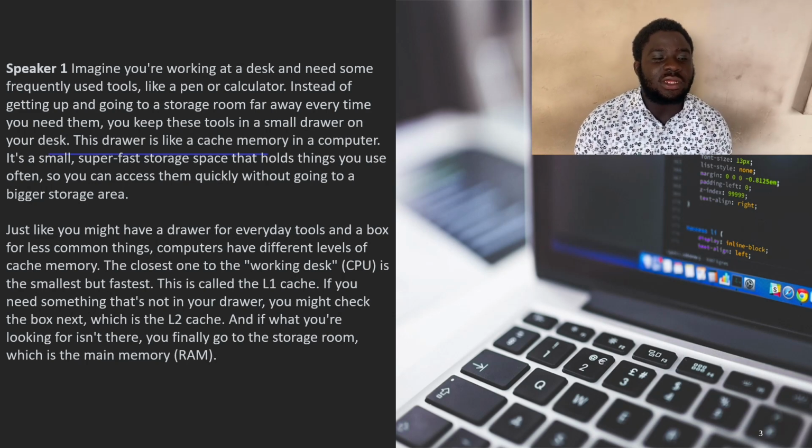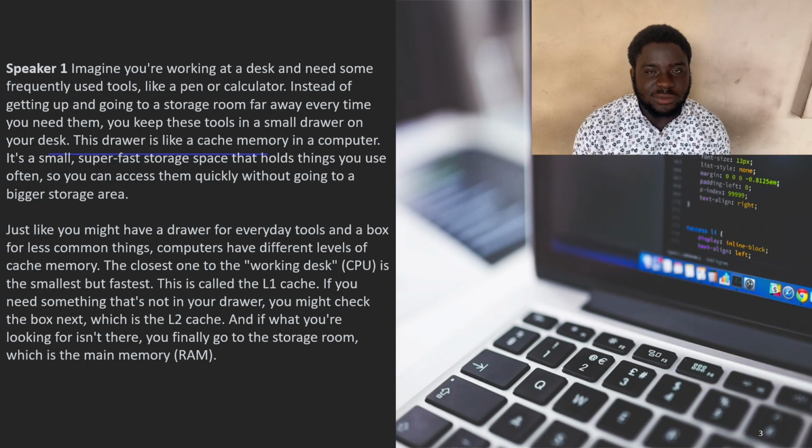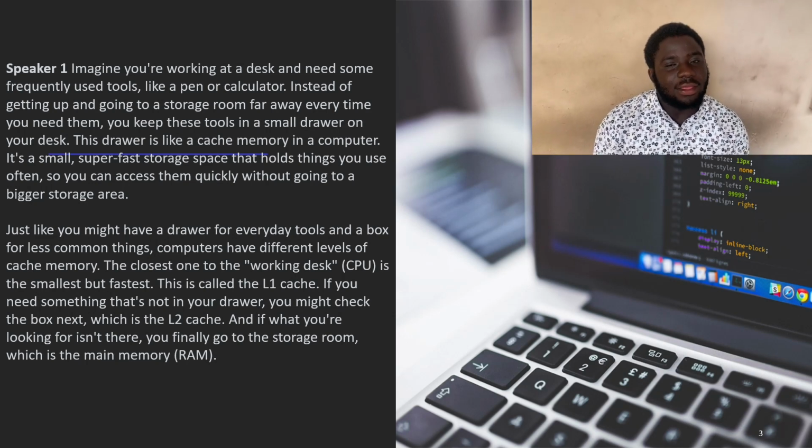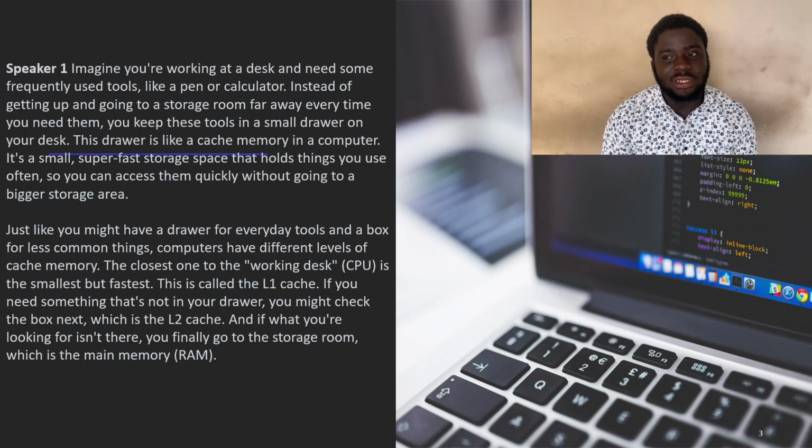All this helps the system access information at speed and helps reduce latency. So basically, that's all the cache memory does.